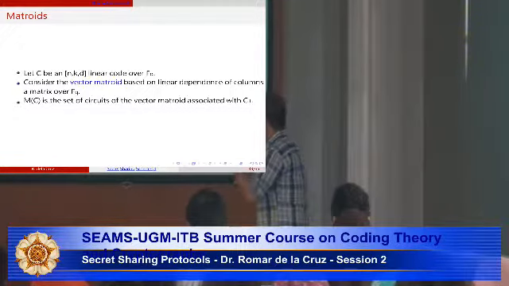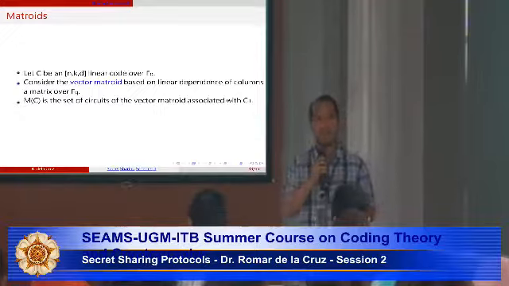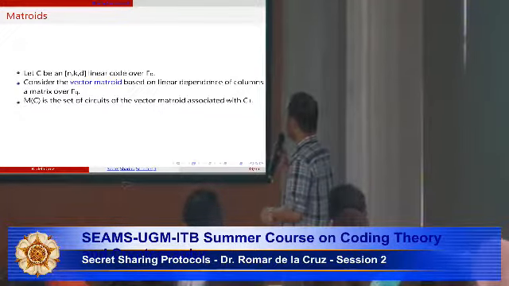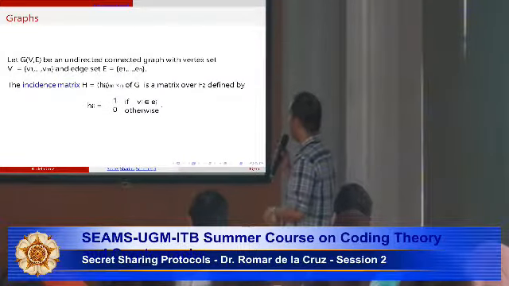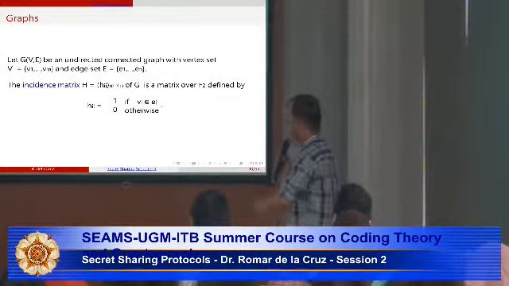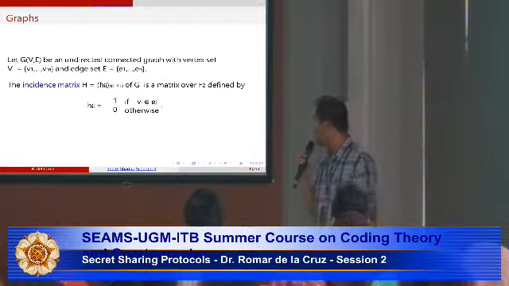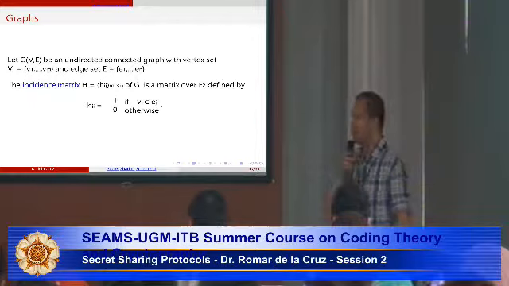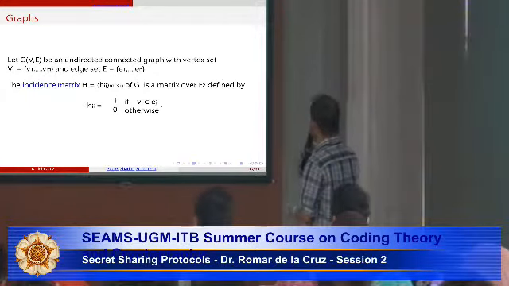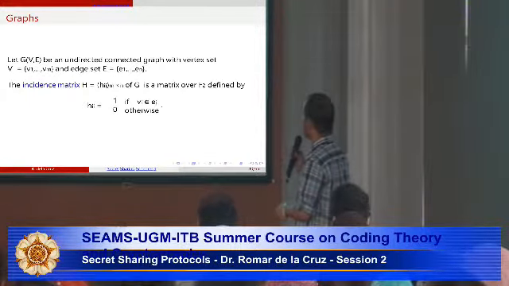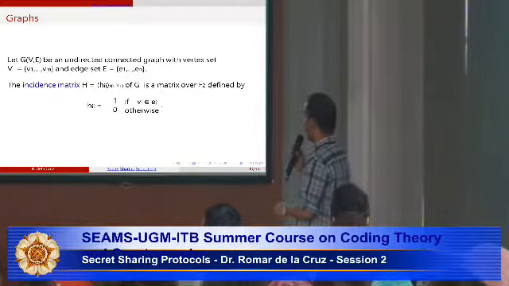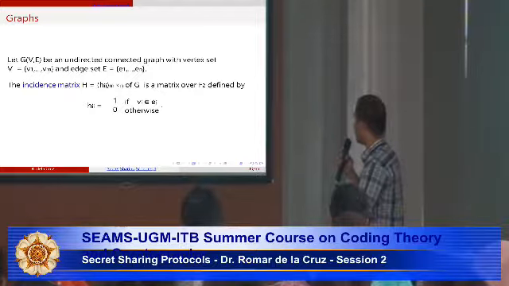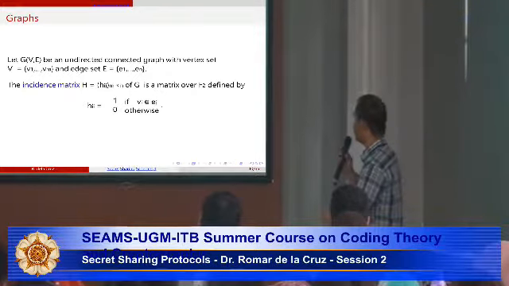Another interpretation is in terms of graphs. Suppose you have an undirected connected graph G with vertex set V and edge set E. And then we define the incidence matrix of the graph. The incidence matrix is an m by n matrix, where the rows are indexed by the vertices and the columns are indexed by the edges.